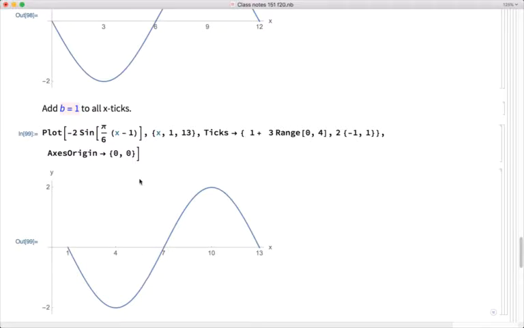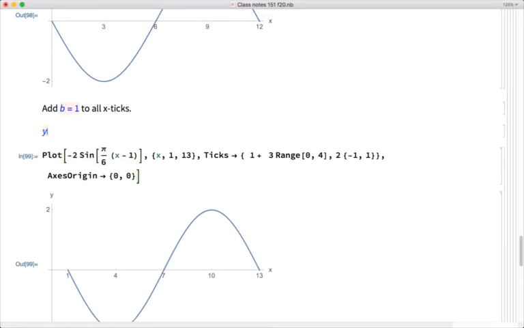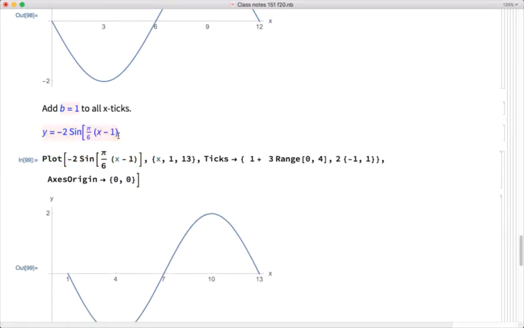So there's the, sorry if this is hard to read within the code here. This is y equals -2 sine 1/6 pi times x minus 1.